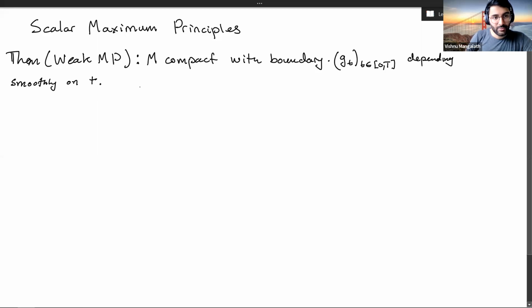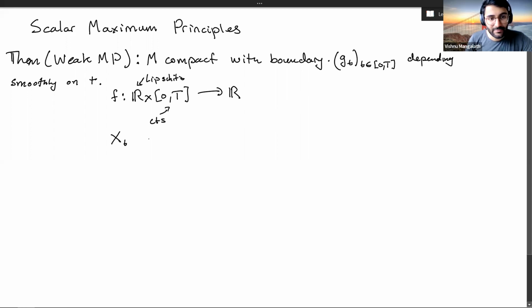And suppose we have some additional objects: a function f from R cross [0,T] to R that is Lipschitz in the first variable and continuous in this variable. And also we have a smooth family of vector fields. Actually, it's continuous as well.